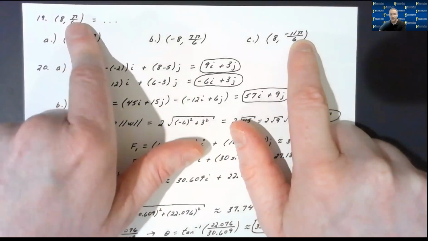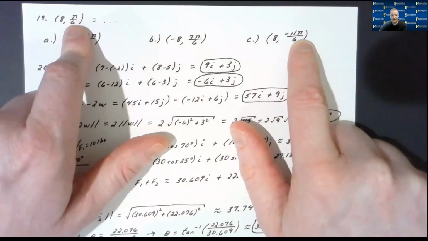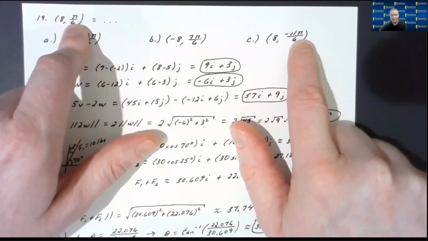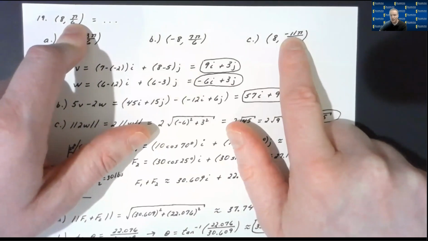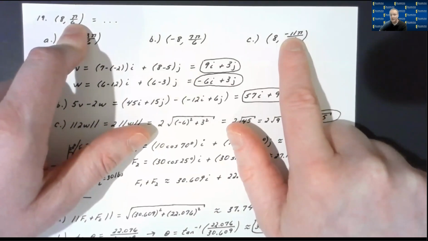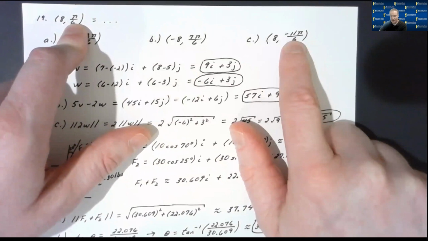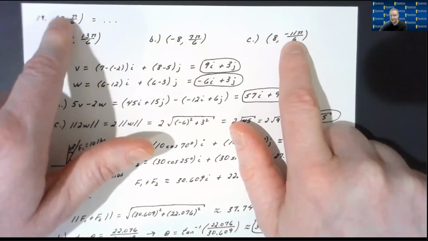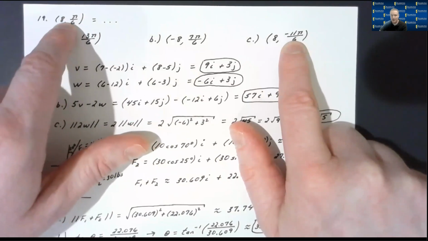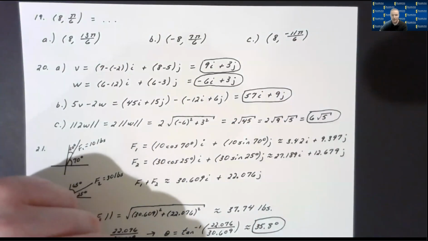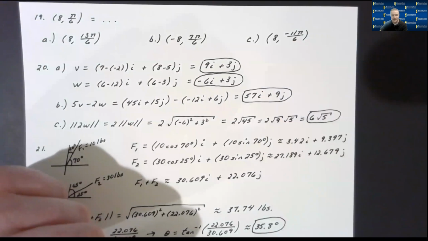So you just say, well, subtract 2 pi from pi over 6. That's pi over 6 minus 12 pi over 6, which gives you negative 11 pi over 6. And I know that if I plot out 8 comma negative 11 pi over 6, it's the same point in polar form as the ordered pair 8, pi over 6. That's all we have to do with number 19.